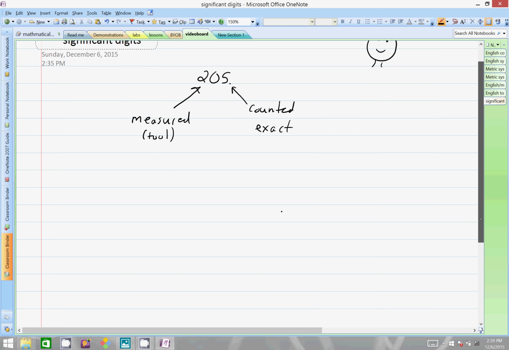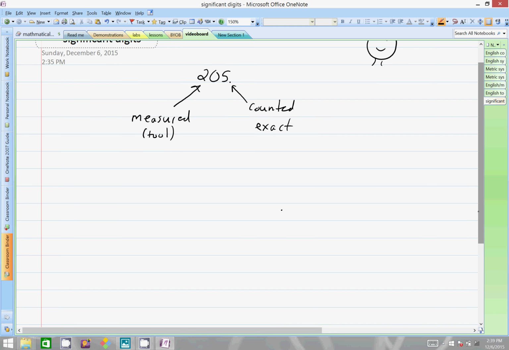We'll take a moment to discuss the idea between a measured value and a counted or an exact value.